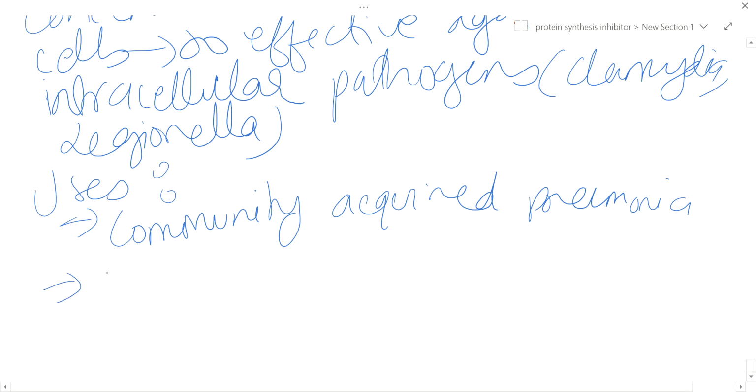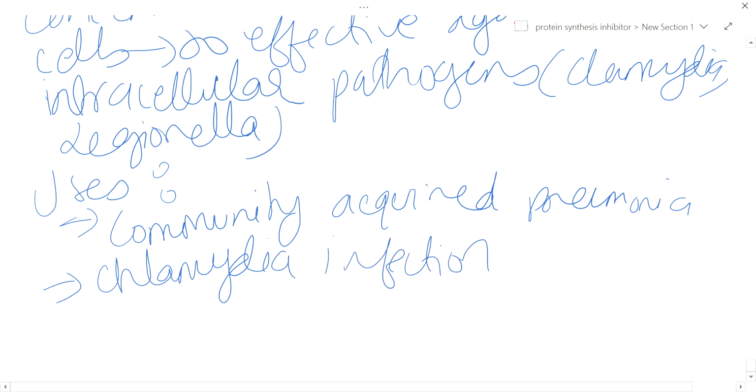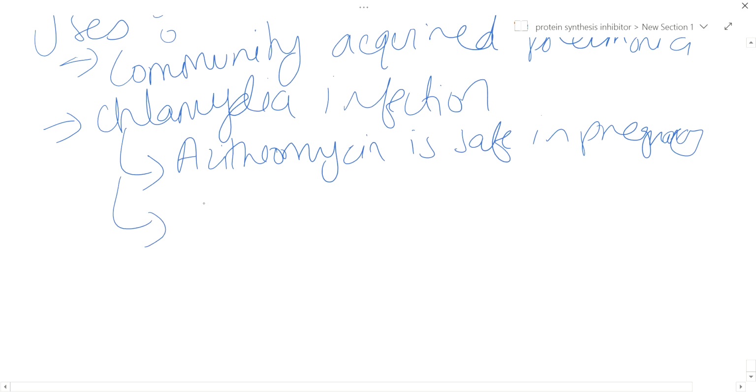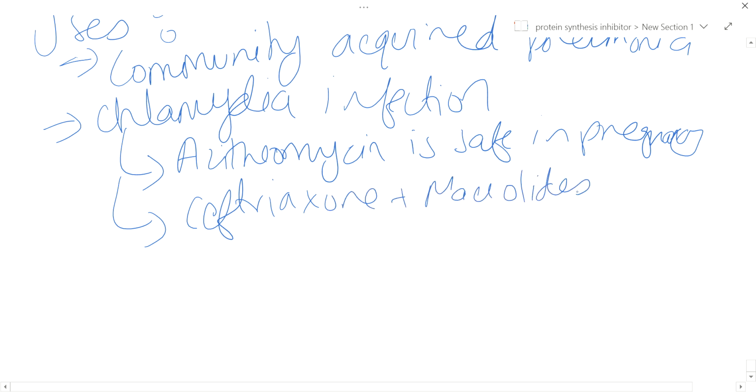It is also used in chlamydia infection, as azithromycin is safe in pregnancy. And macrolides are also co-administered with ceftriaxone to treat gonorrhea. This combination is used to treat gonorrhea.